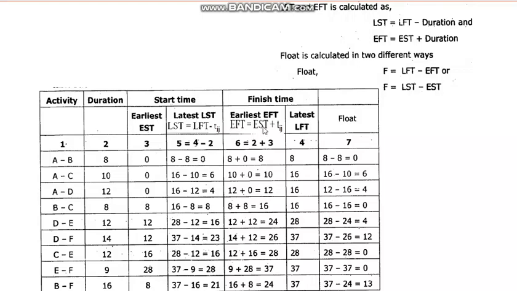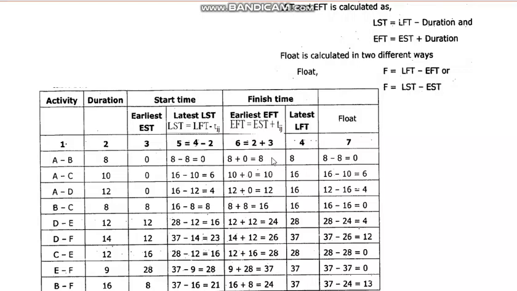Now earliest finish time is earliest start time plus the duration. Earliest start time is in the third column and the duration is in the second column. So these two you add, 0 plus 8 is 8.